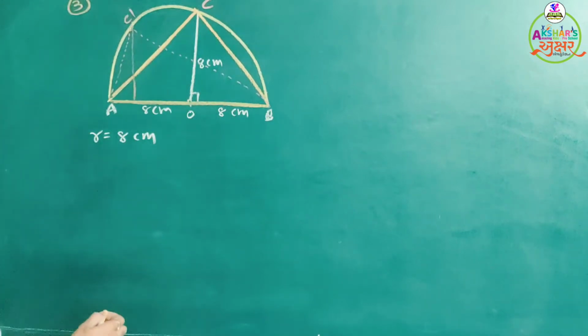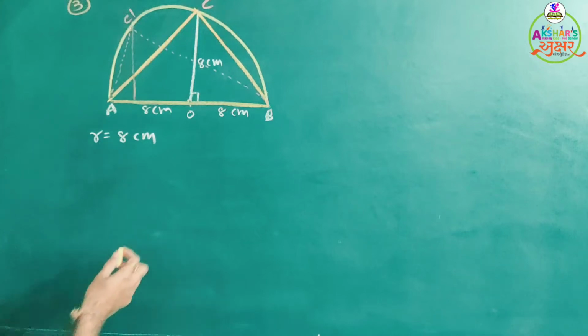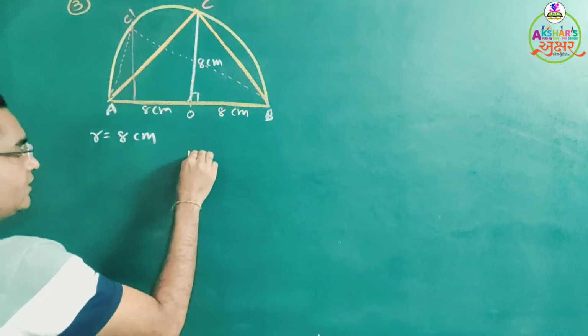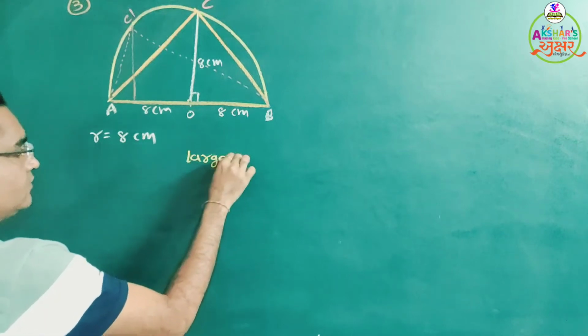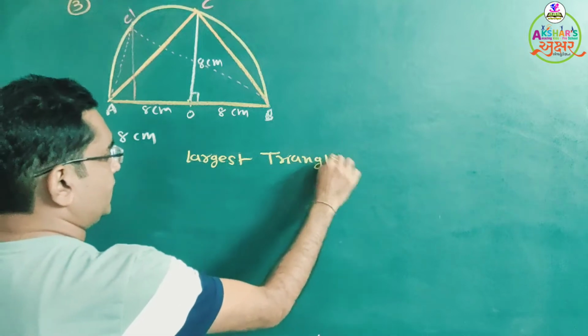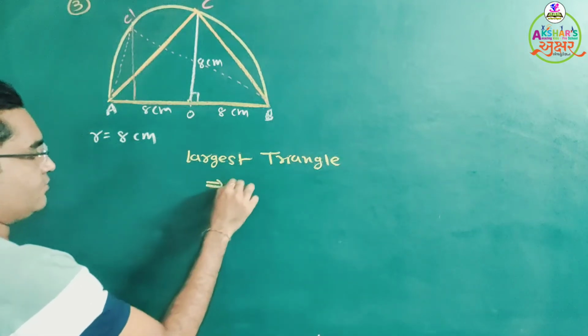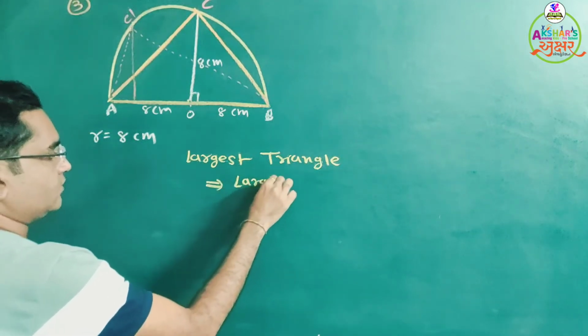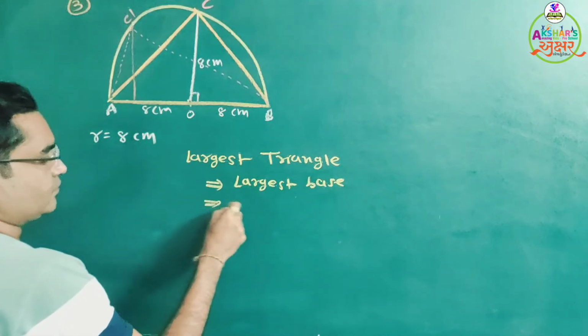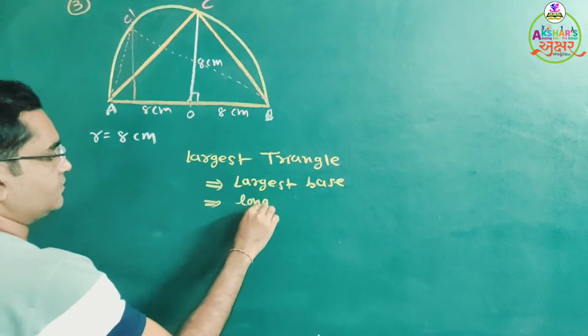So here we have to find the area of the largest triangle. So what is the area of largest triangle? Here we can say largest triangle can be formed with largest base and longest height.